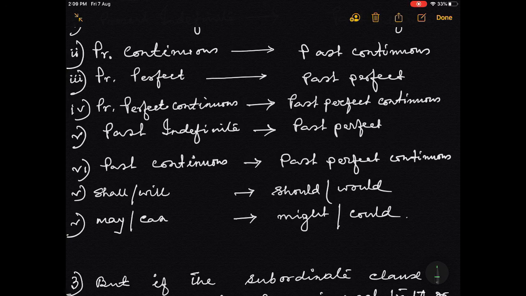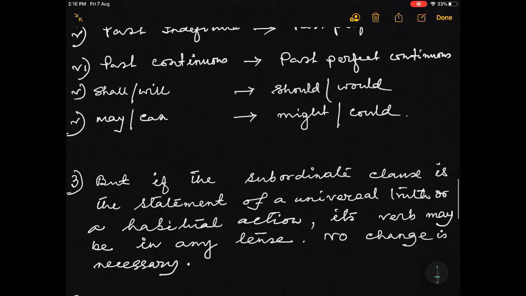One is the verb of the principal clause. The reporting speech is now a principal clause and the reported speech is now a subordinate clause. So, the reporting verb is now the verb of the principal clause and the verb of the reported speech is now the verb in the subordinate clause. It is very, very important.